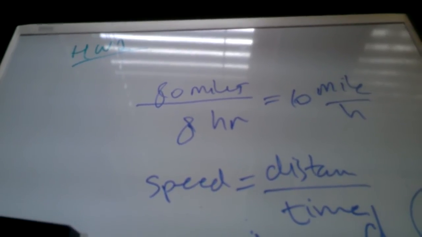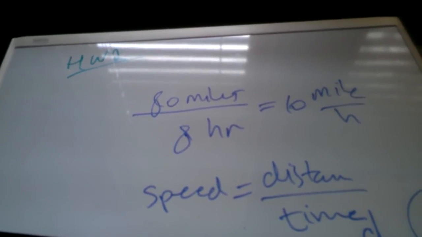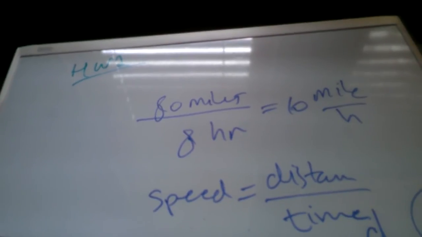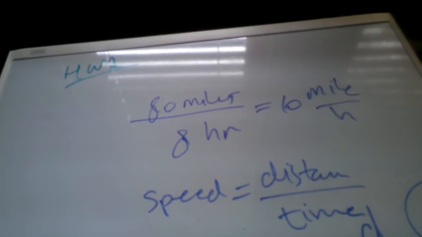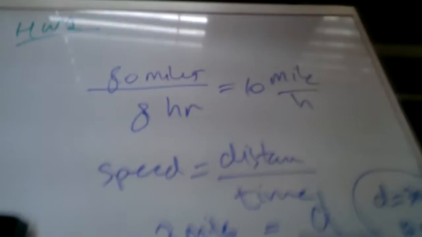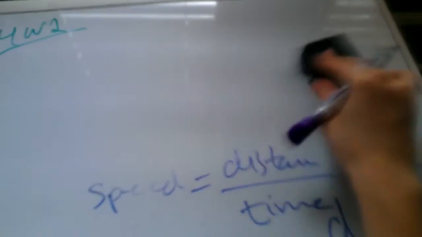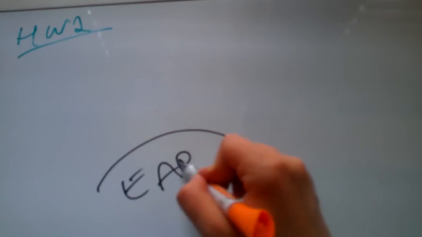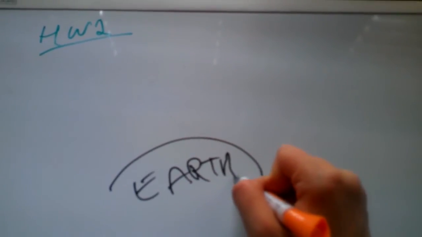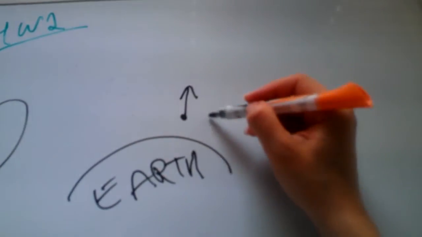Number 6 says: if you throw a ball with a vertical speed of 50 meters per second, how long will it take to reach its maximum height? I like that question. It involves Earth, and whenever we see Earth, we know we have accelerating motion. We are throwing the ball with 50 meters per second. Let me do another one with, say, 30.